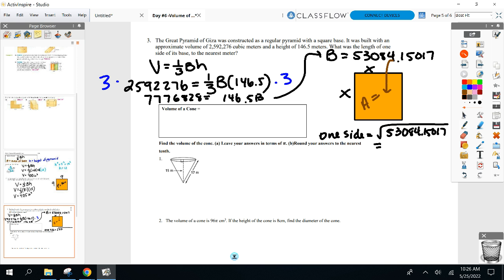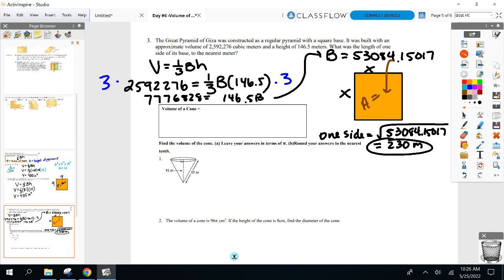And that's going to end up being, to the nearest meter, 230 meters. So watch it if you do a perimeter versus area.